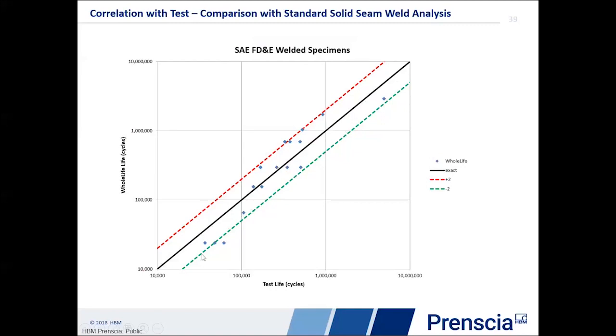The green line is a factor of 2 in life conservative, and the red line is a factor of 2 in life unconservative. And what we've plotted are all the specimen tests that were done on the welded specimens here. And you'll see that we have a fairly tight scatter band for a crack growth weld calculation here. We have, basically, everything sitting in a scatter band of 2.